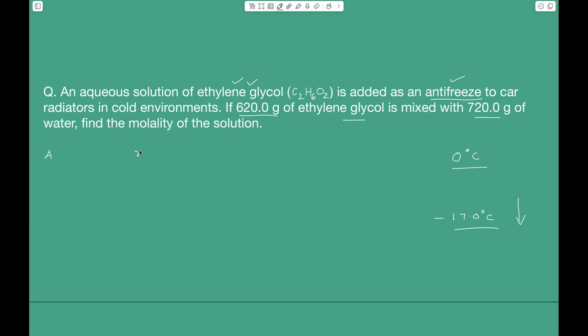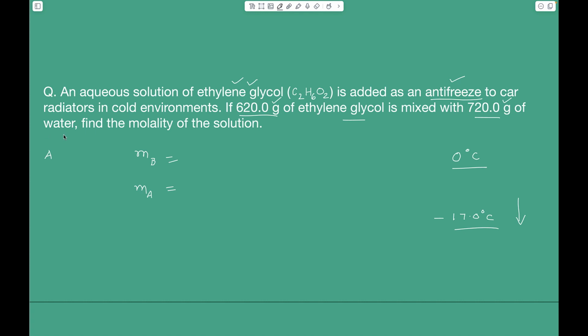Now what is the solute and what is the solvent? You don't always have to go by the masses of the solute and the solvent. Here we are adding ethylene glycol to water for the purpose of changing its freezing point.